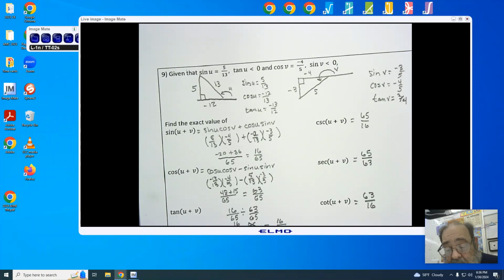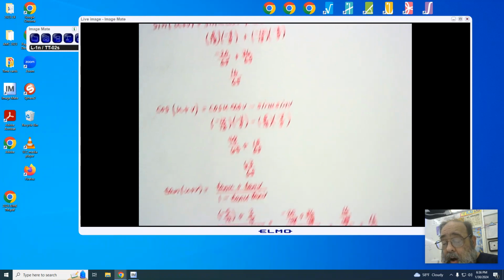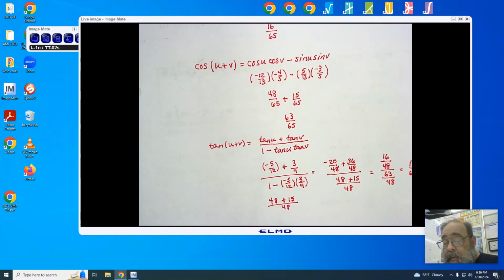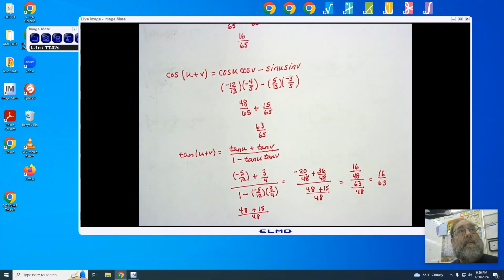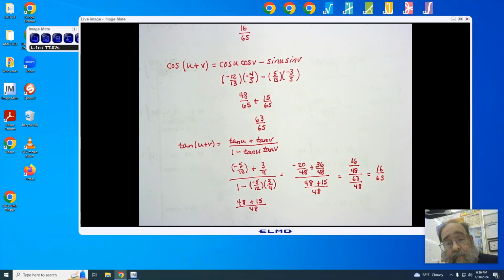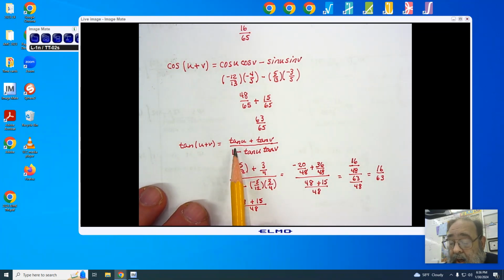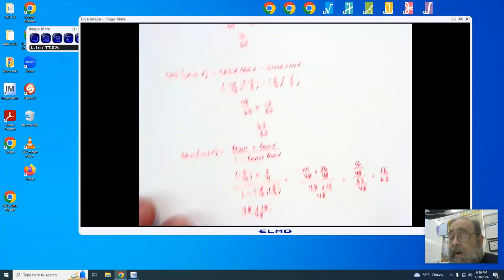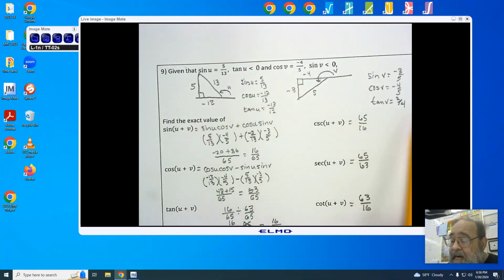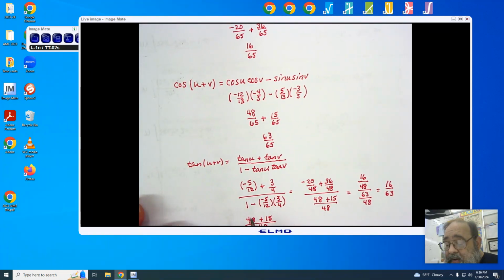Now, for those of you who have decided to do it the longer way, which is what I did in the answer key that I provided online, I'd like to simply show you. We use our formula. Once again, this is going to be ugly if you try to do it, and you probably don't want to. I take tangent u plus tangent v over 1 minus tangent u tangent v. I substitute with the given information that I have here and here, and I end up having to simplify.